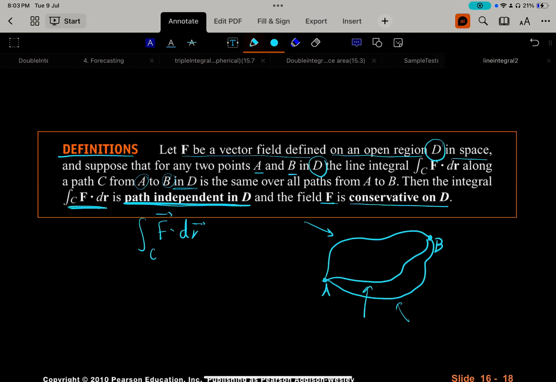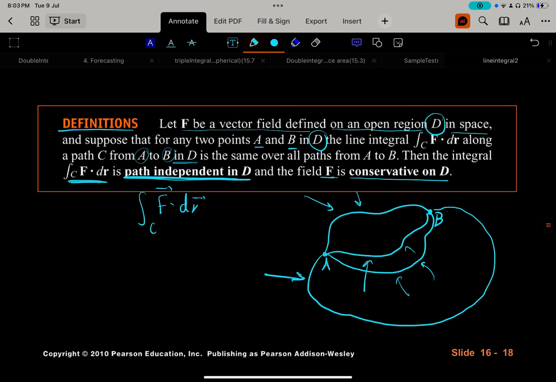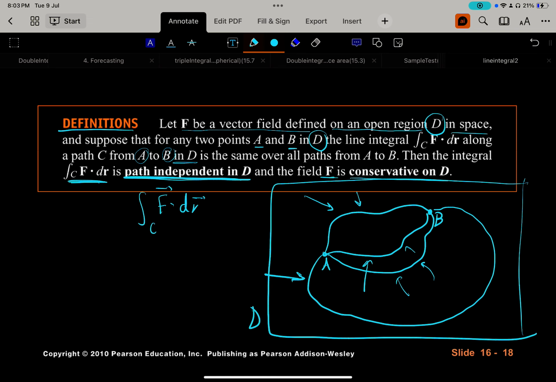So if you have this point, and this line for example, and we find the line integral of this, and it turns out to be the same as this, or the same as this, well then this integral is path independent, and the field is conservative on the region D. So let's say this is our region D, and these are our two points, and these are our different paths.